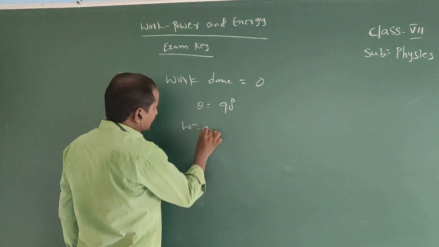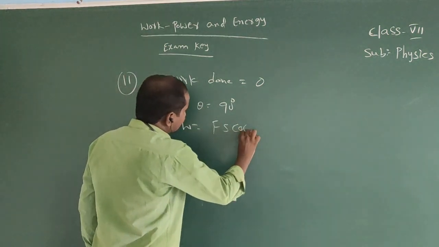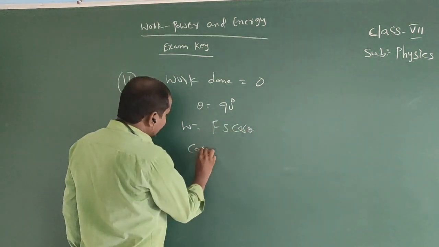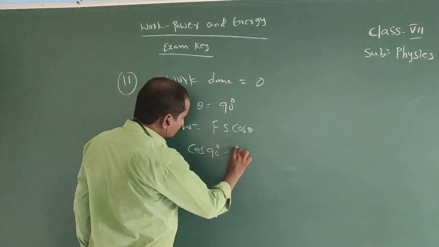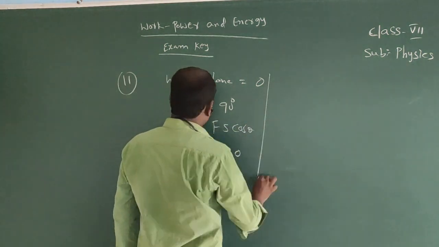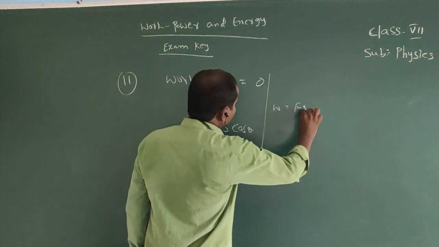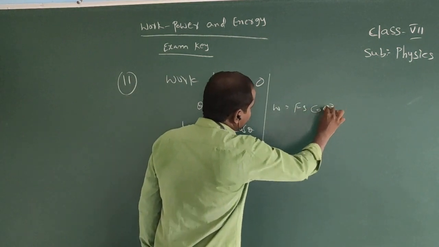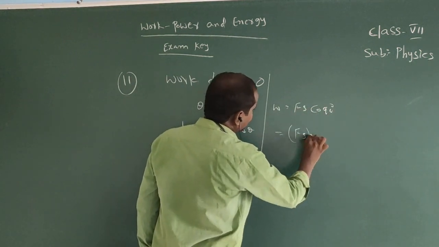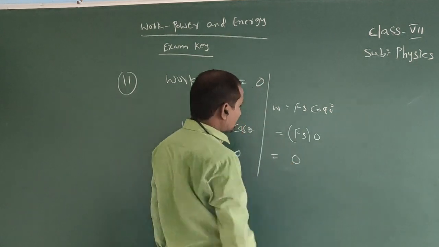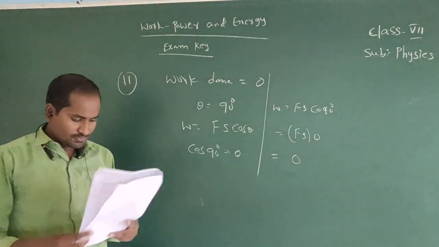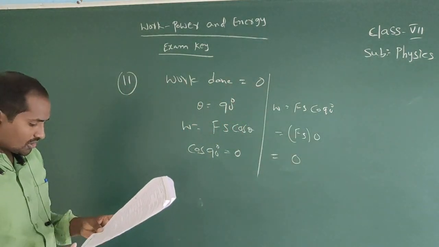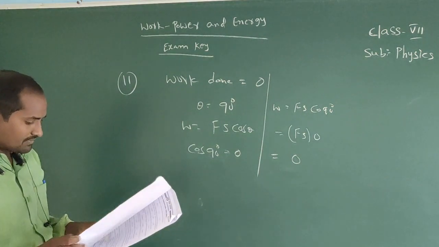We know that work done equal to Fs cos theta, cos 90 equal to 0. So work done equal to Fs into 0. Therefore work done equal to 0. Option number 1.